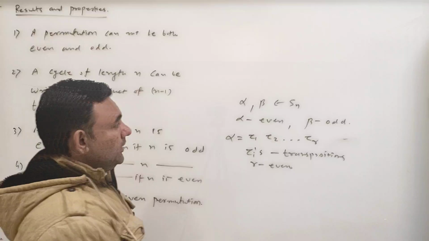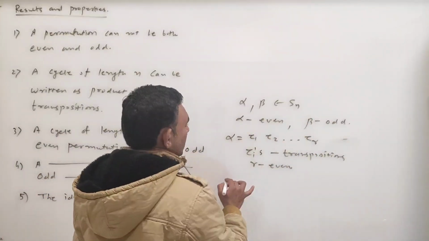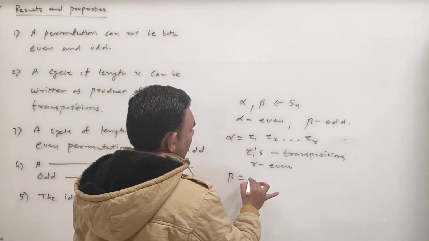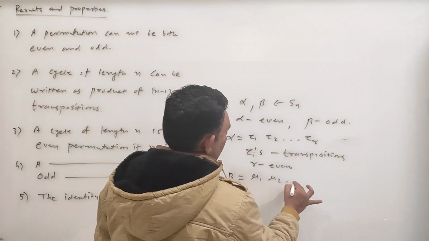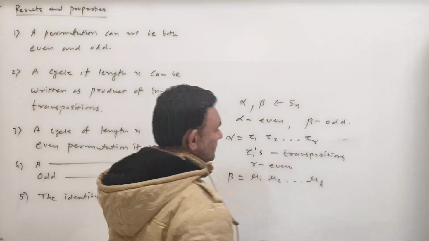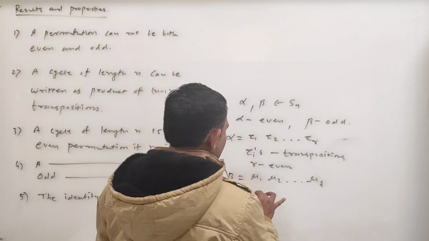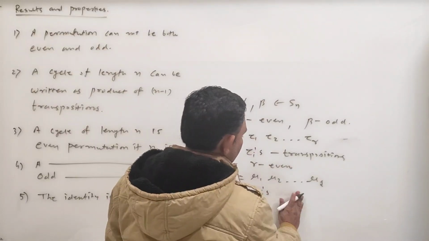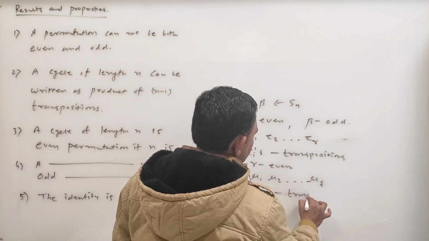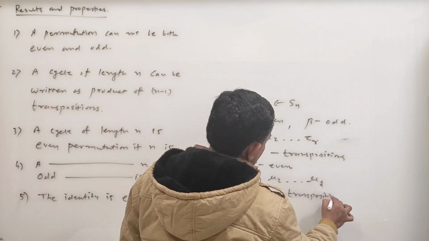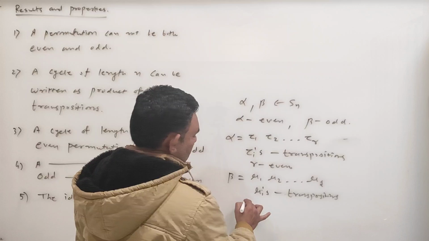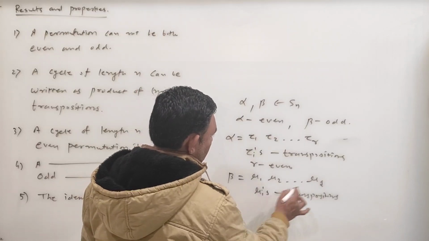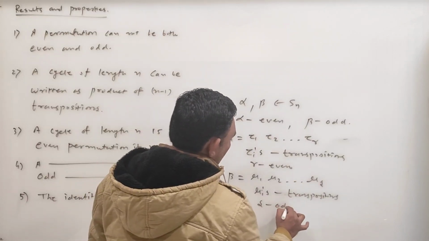Now beta is an odd permutation, so beta can be written as mu 1 mu 2 up to mu s, where the mu i's are transpositions, and this s will be an odd integer.